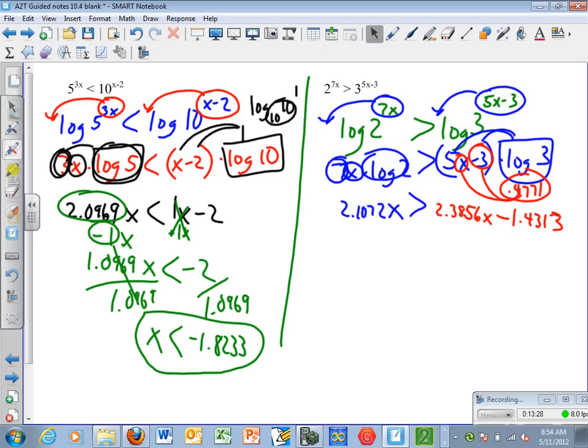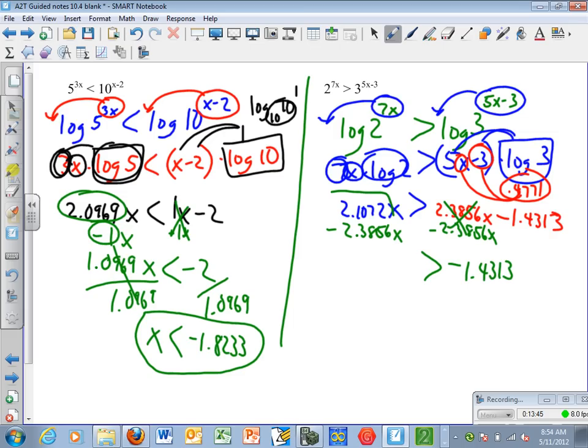Now I have x on both sides, so I want to get rid of x on one side. Let's subtract 2.3856x. So I have negative 1.4313 on this side.